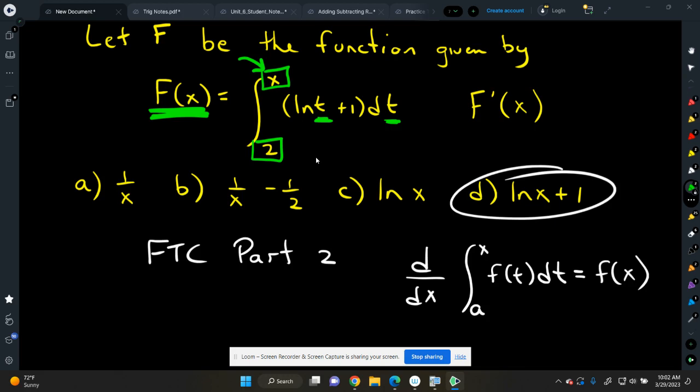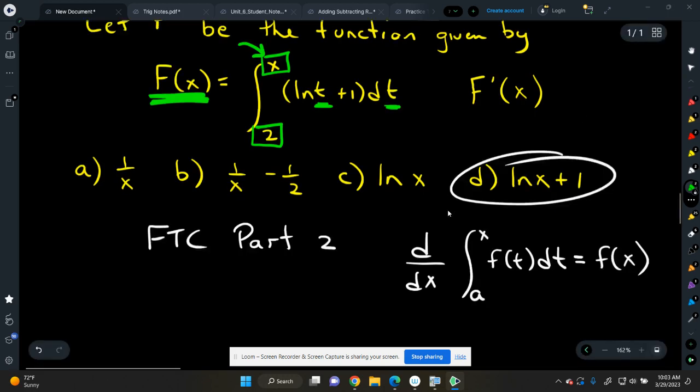I need a brain break. Good tone. Okay, we're going to skip that one for now. Let me see what I got. All right, let's do this one.